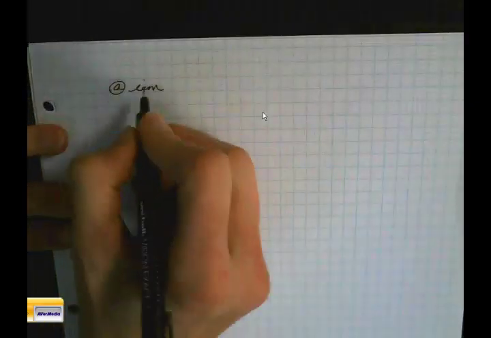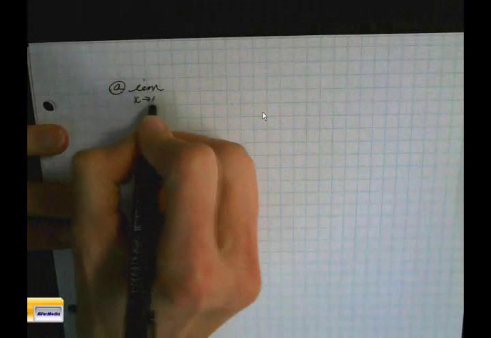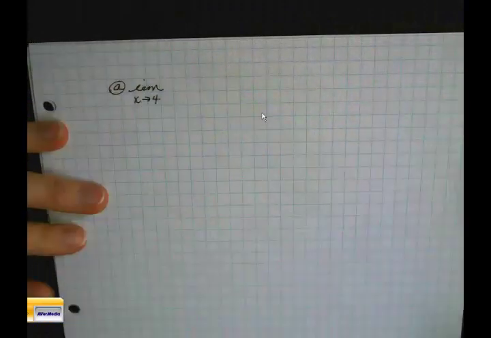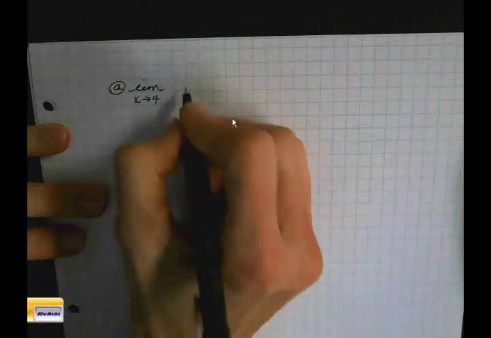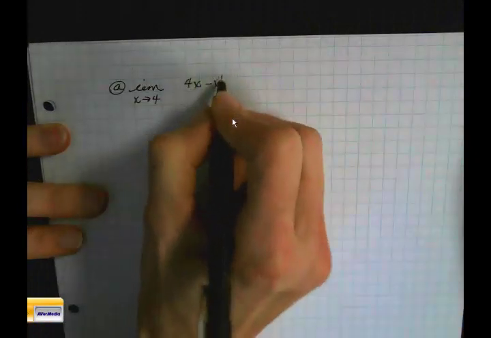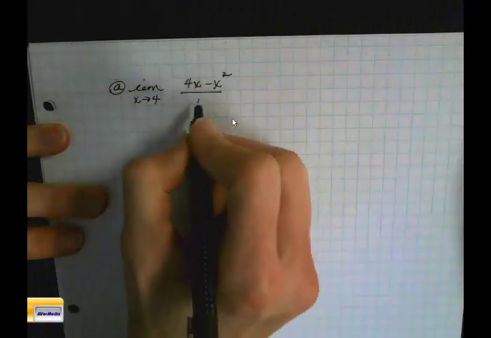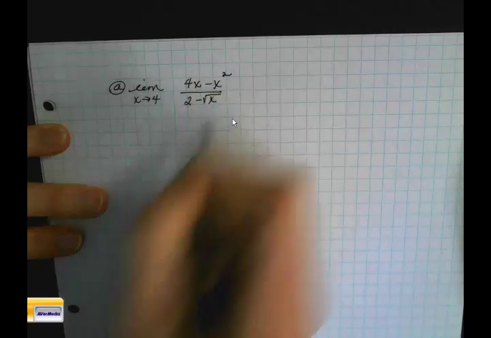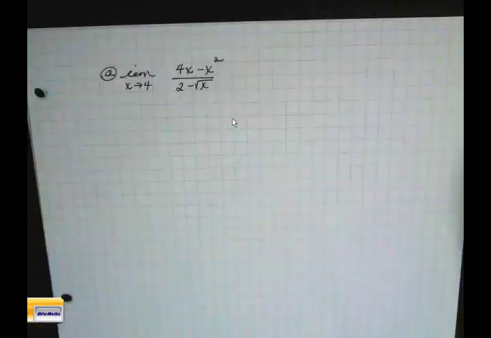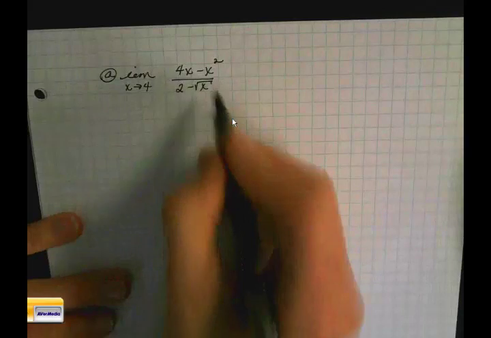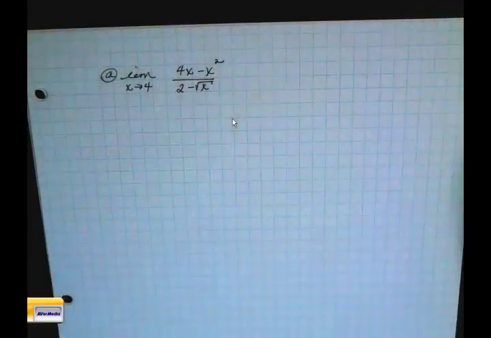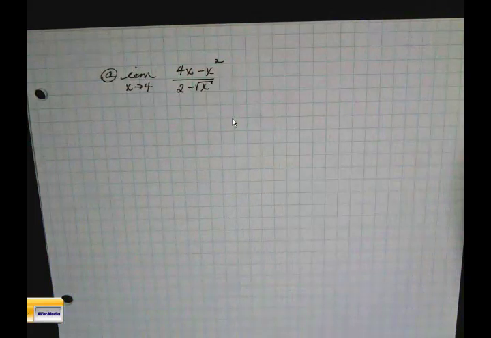Take the limit as x is approaching 4 of 4x minus x squared over 2 minus the square root of x. And it doesn't hurt to put a little hook on your radicals, especially when they start getting pretty big and complex.